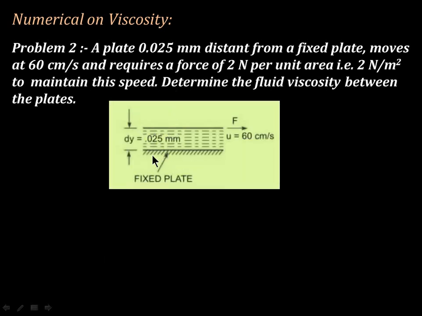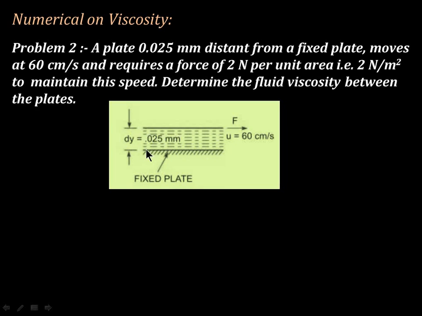Now in this diagram we can see that there is a fixed plate, about which the question is giving information. A plate 0.025 mm distant from a fixed plate: this is the fixed plate, and the plate at 0.025 mm distance from it is this plate, situated in the upward direction.